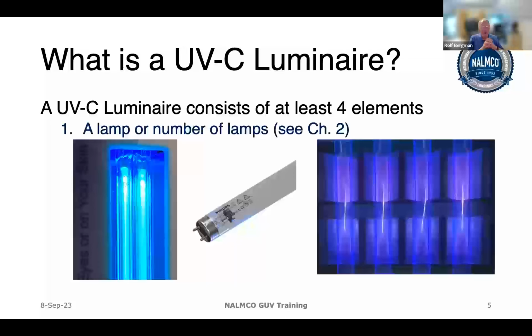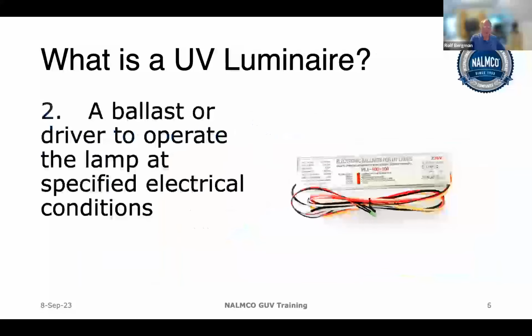And pictured are a handheld low pressure mercury lamp lit in a wand, a Philips UVC low pressure mercury, and an excimer light source. We spent a lot of time in Chapter 2 going through these various sources, and so again you can see how these are now applied in various luminaires.